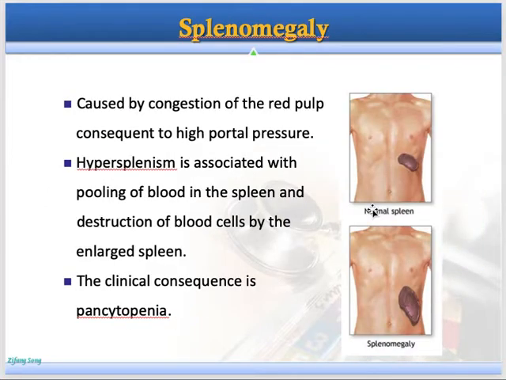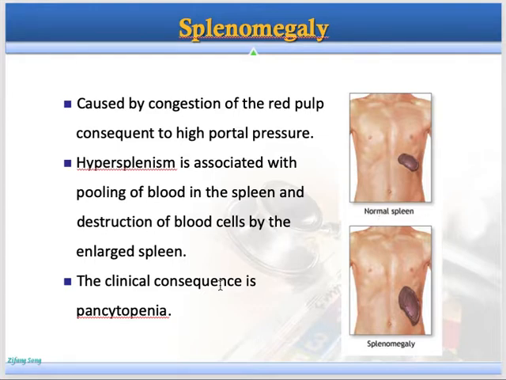So one of the manifestations is varices, one is ascites, and one is splenomegaly. Simply, because of increased portal pressure, it can cause splenomegaly as well as hypersplenism. What is hypersplenism? Of course, the blood will pool in the spleen, which will lead to increased destruction of the cells, which is called hypersplenism.